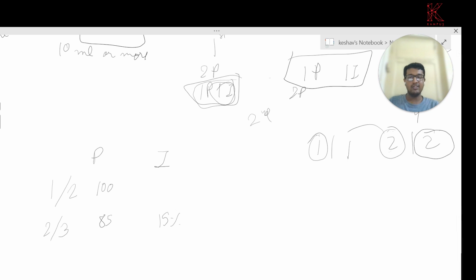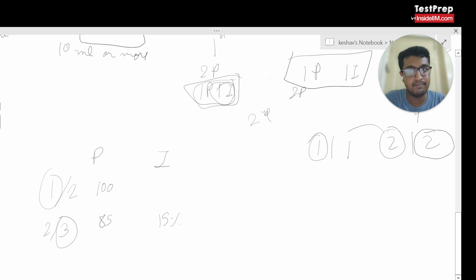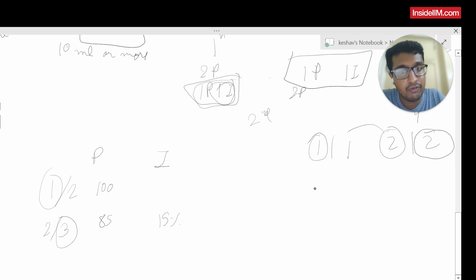Okay, so let's just start with one bottle of P. If this number is 1, that means there would be 3 bottles of the mixture. Take an equal quantity from each of the bottles. So what will be my percentage of impurity?